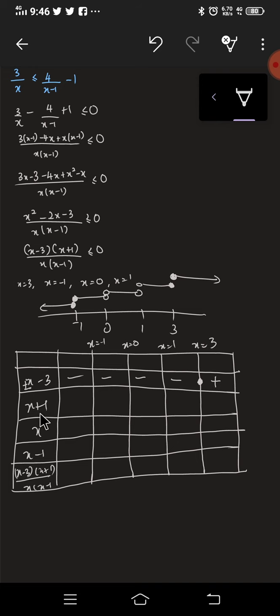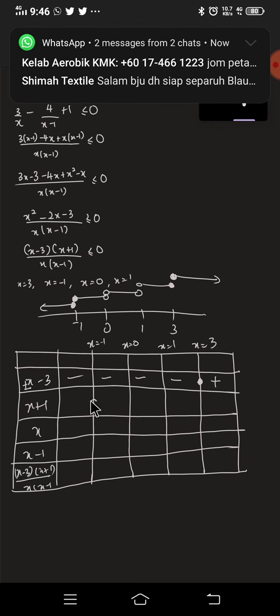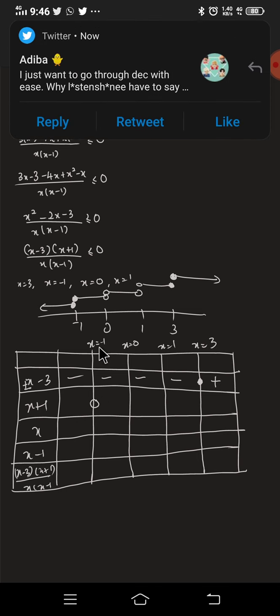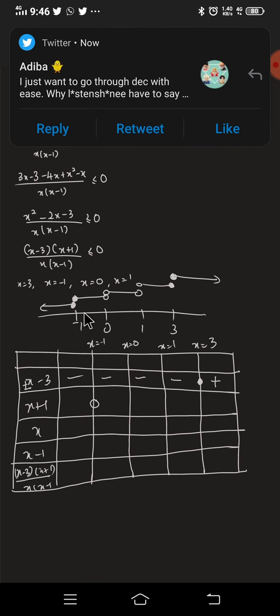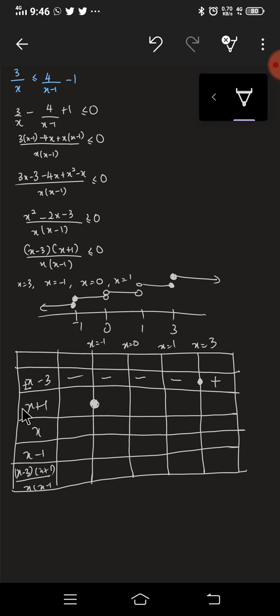For x plus 1, the critical number is negative 1. Is it included? Yes, negative 1 is included, so we put a dense dot here. Because of the positive coefficient of x, the right side is positive and the left side is negative. For x, is it included or not?